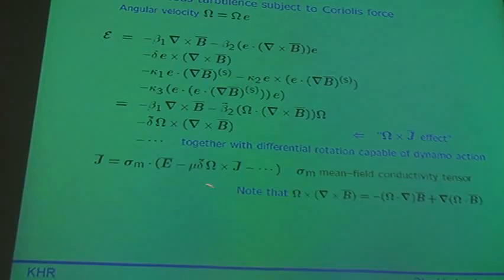You have here a term proportional to omega cross J. We speak of the omega cross J effect. By the way, this omega cross curl B can be rewritten in this way.